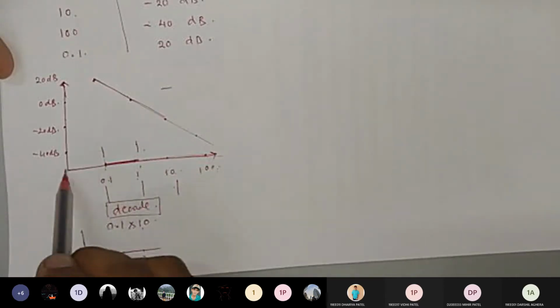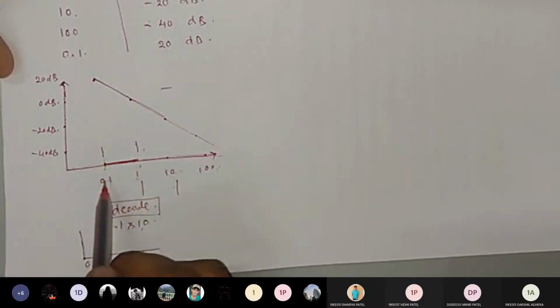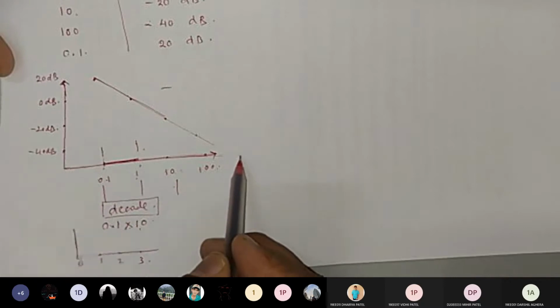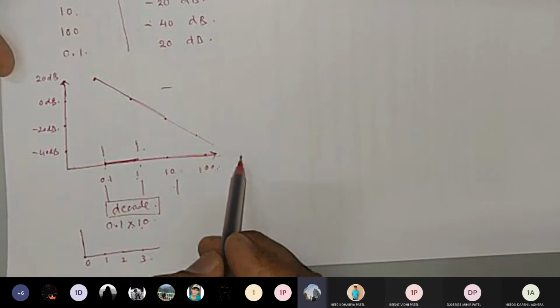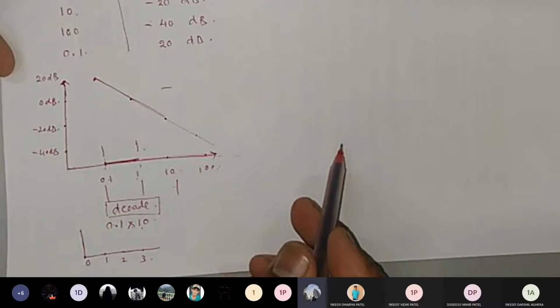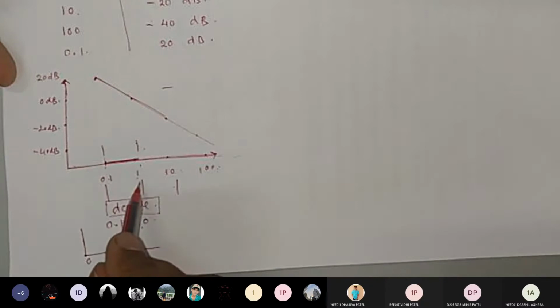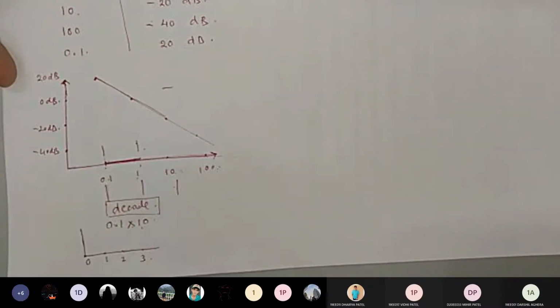Okay, so we have to change it so that a wide range comes. 0.1, 1, 10, 100, next will be 1000, next will be 10,000, and onwards. We have to multiply. Okay, so this part is nothing but the decade.